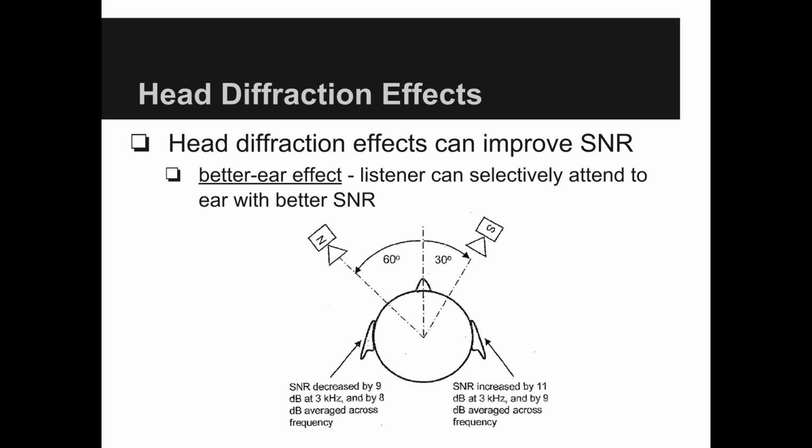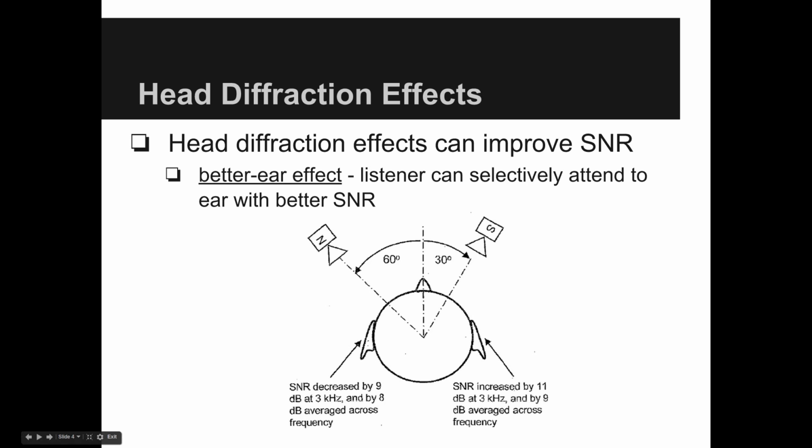Based on the previous head diffraction effects graph, we can see that around 3,000 hertz, near the resonance of the ear canal, the right ear gets a boost of around 19 dB because it's closer to the signal of interest, and the left ear, the noise would be getting a boost of only about 8 dB.